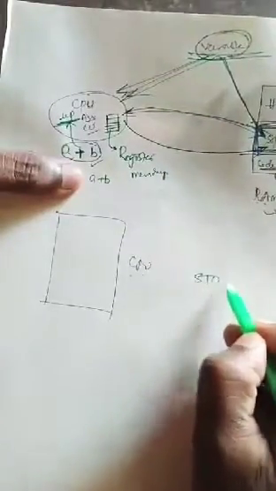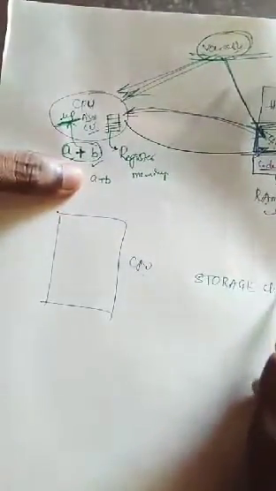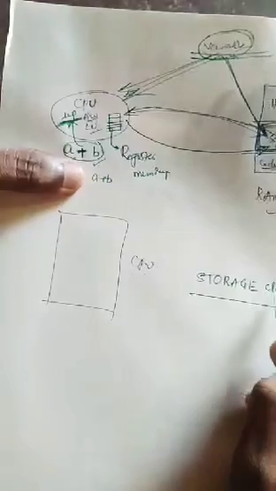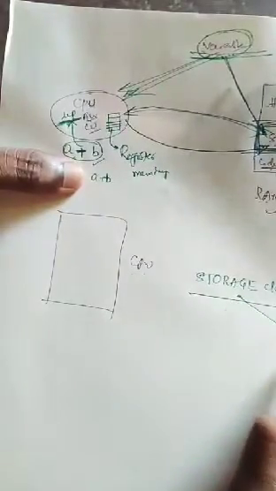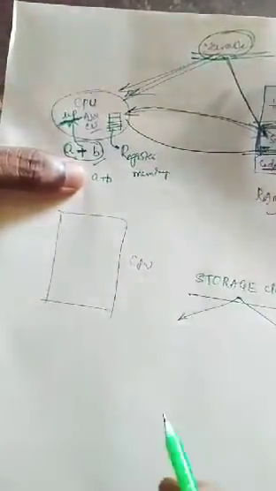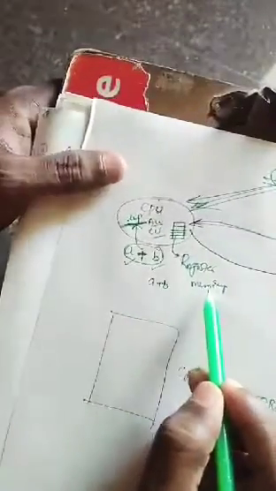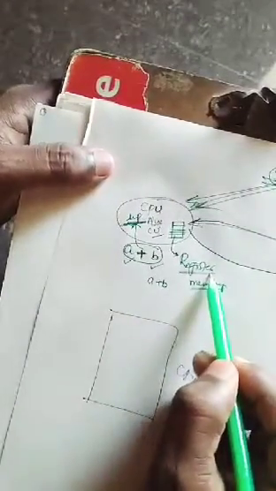Based on this concept, we have a special concept called storage class. Storage class is the classification of a variable according to where it is available, either within the memory or within the CPU. I said already that the CPU also contains a small amount of memory, called register memory.